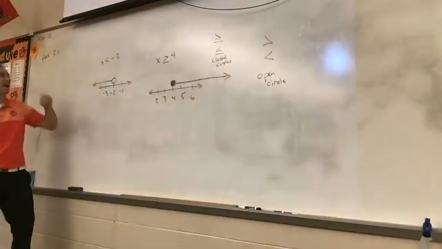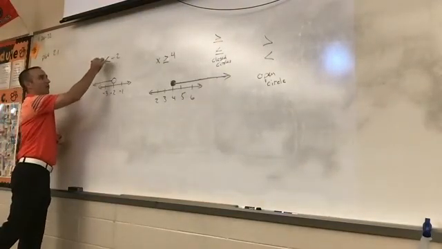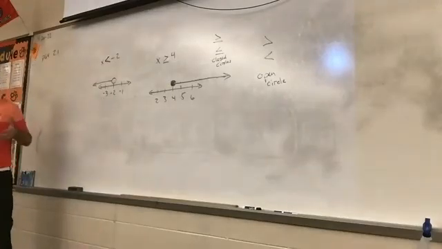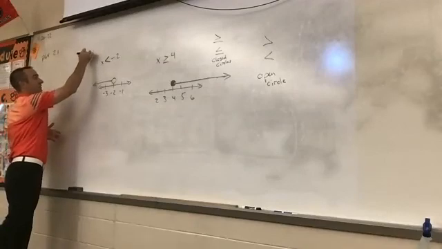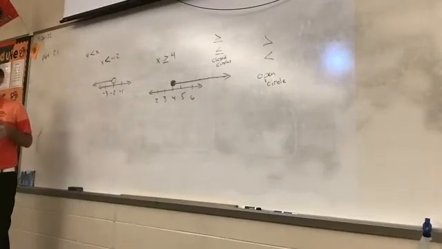Please do not get in the habit of just facing the arrow the way of the symbol. Do not get into that habit, because when it flips around, it's going to be wrong.